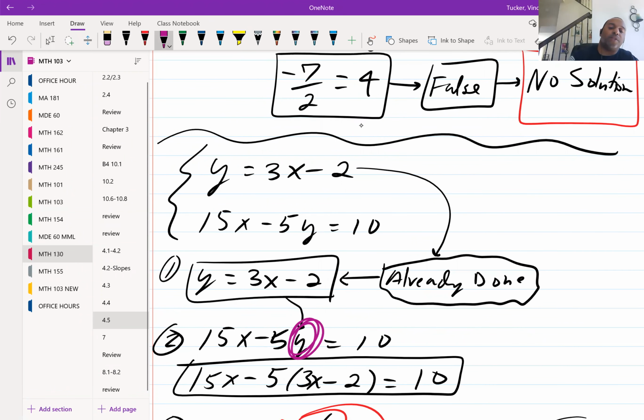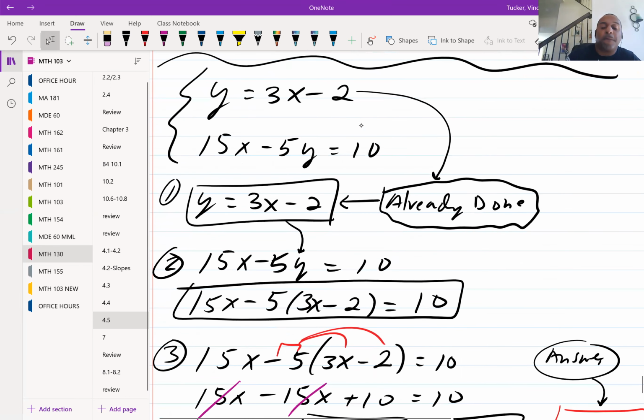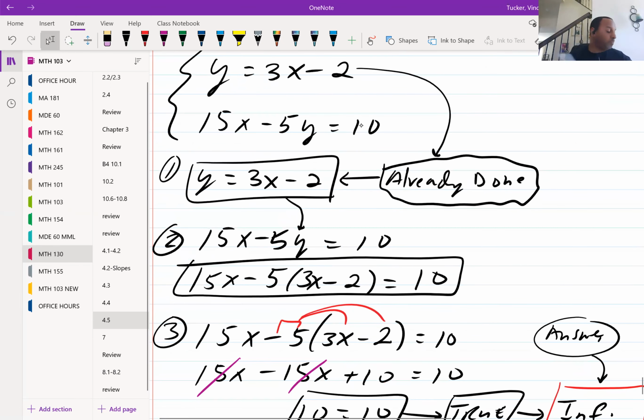Then we plug it into the other equation for y. 15x minus 5 times (3x minus 2) equal to 10. Just following the steps that we laid out. Then from there, distributing -5.